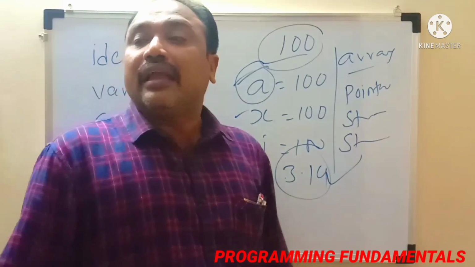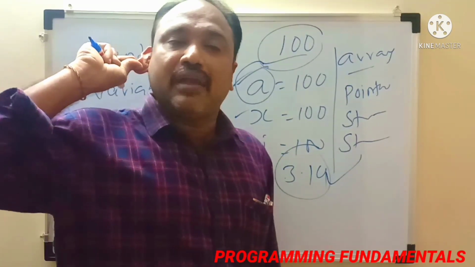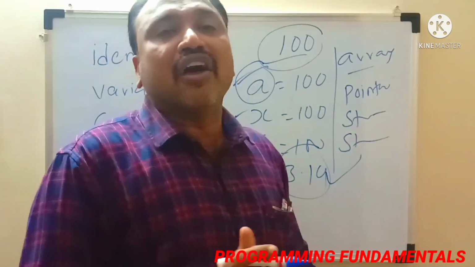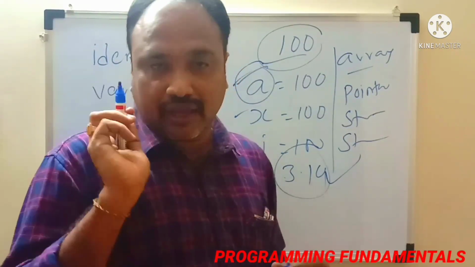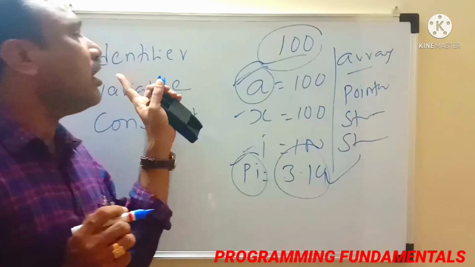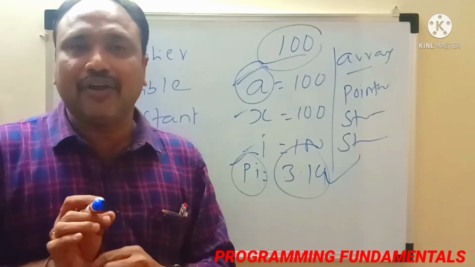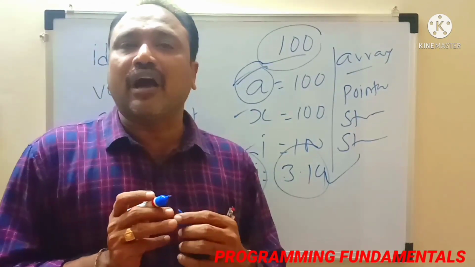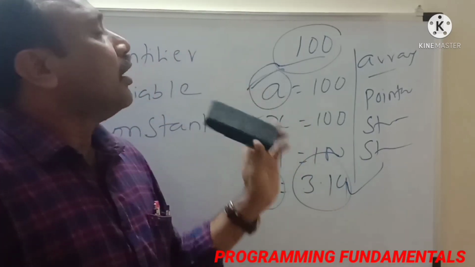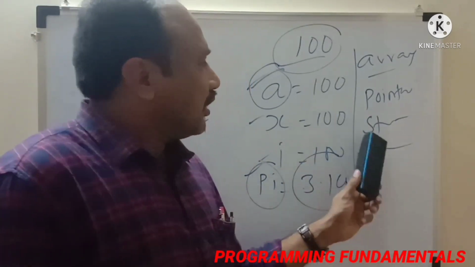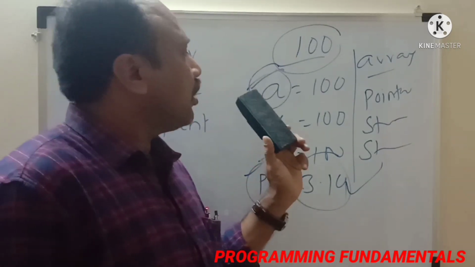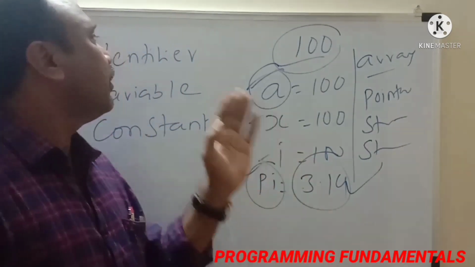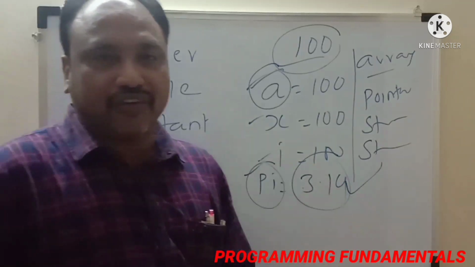That's why an identifier may be a variable name, constant name, array name, pointer name, or string name. It is referred to as an identifier.